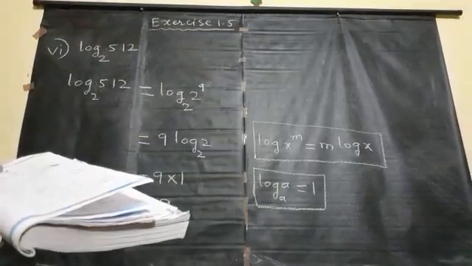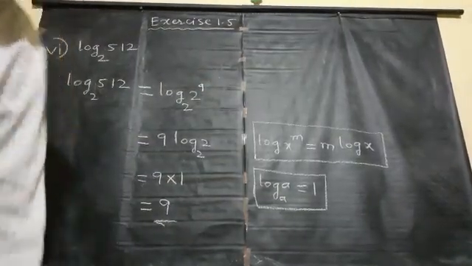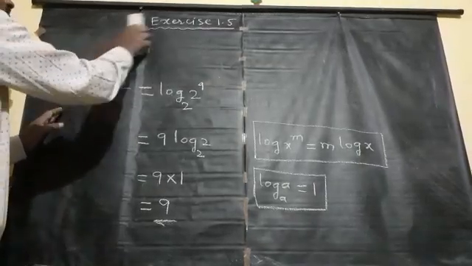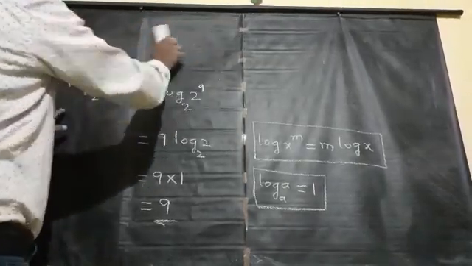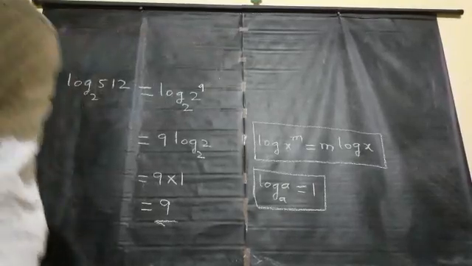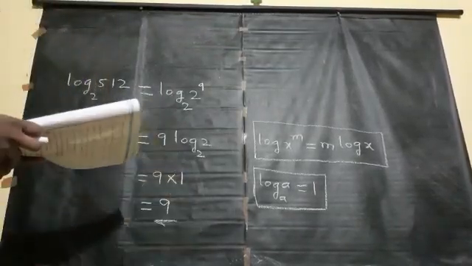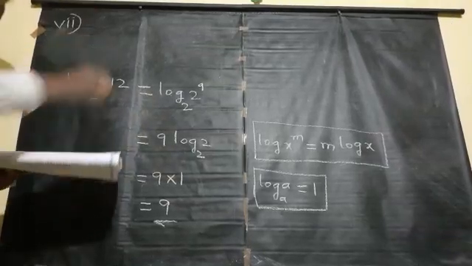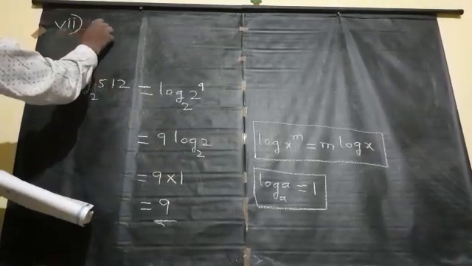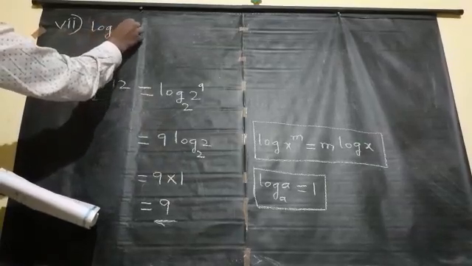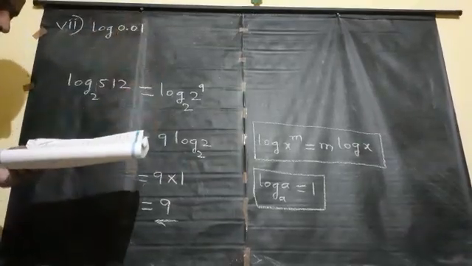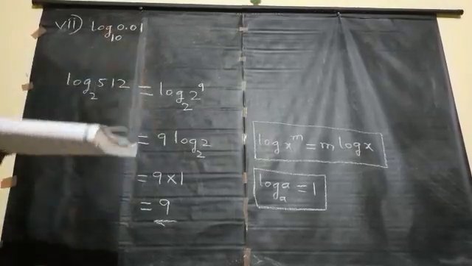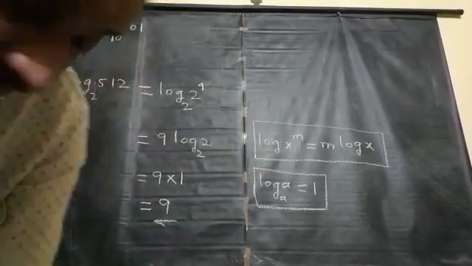Next, seventh problem. Log 0.01 base 10.